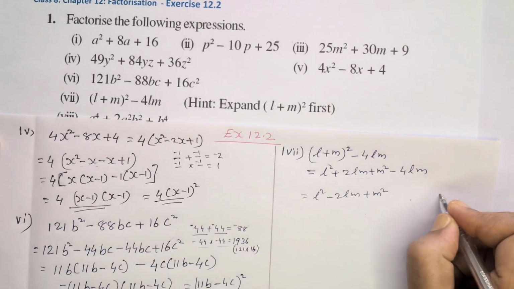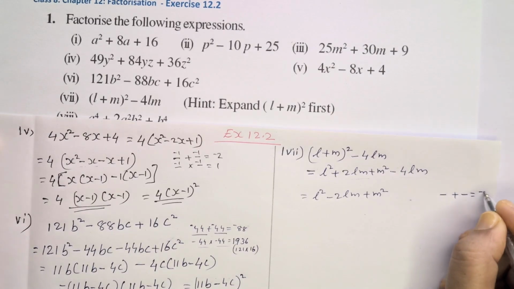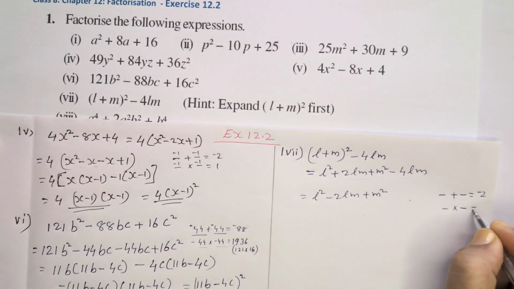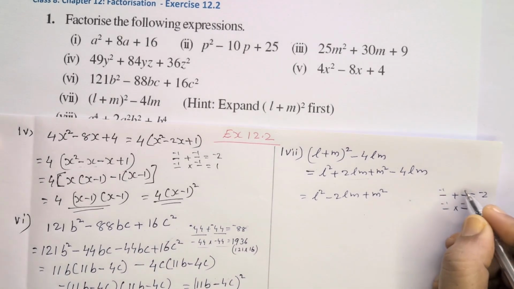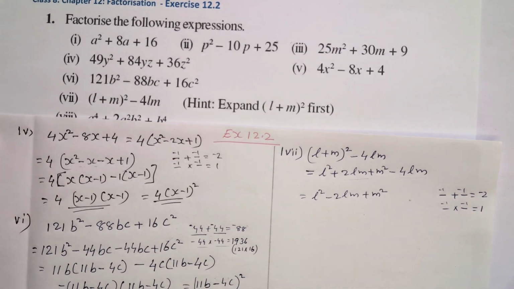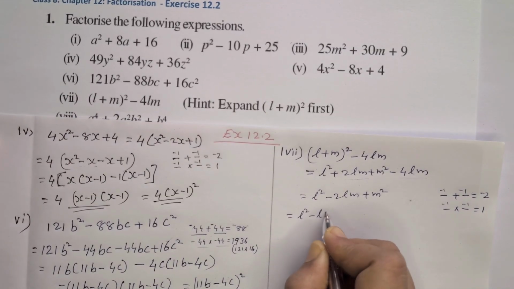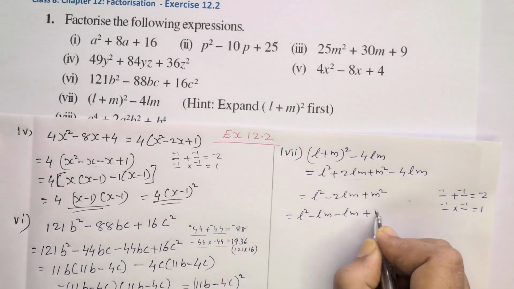We have to find two numbers such that the sum is minus 2 and the product is 1. So minus 1 into minus 1 is 1, and minus 1 plus minus 1 is minus 2. That means split the middle term as minus lm, again minus lm, plus m square.